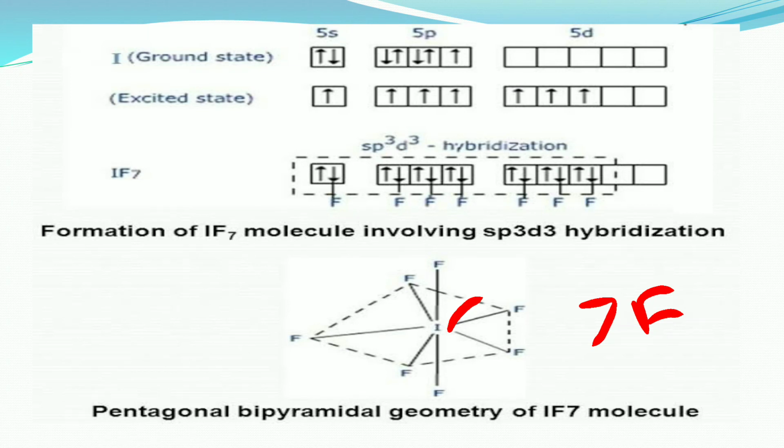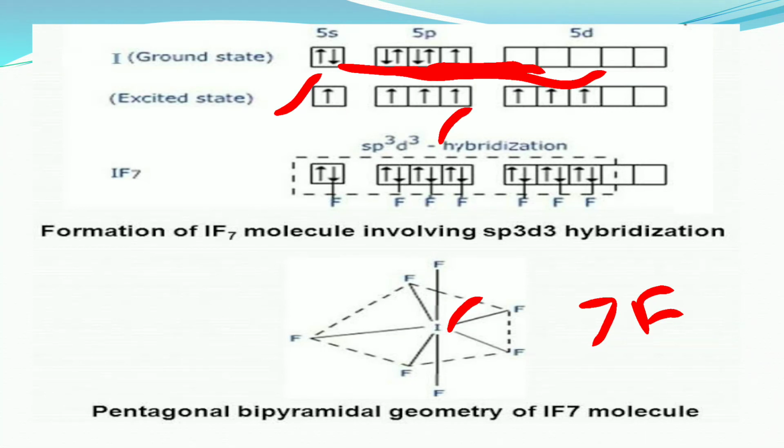For this, electrons from the 5p orbital and the 5s orbital are excited towards the d orbital, and the excited state is like this. All these 1 s orbital, 3 p orbitals and 3 d orbitals combine together.